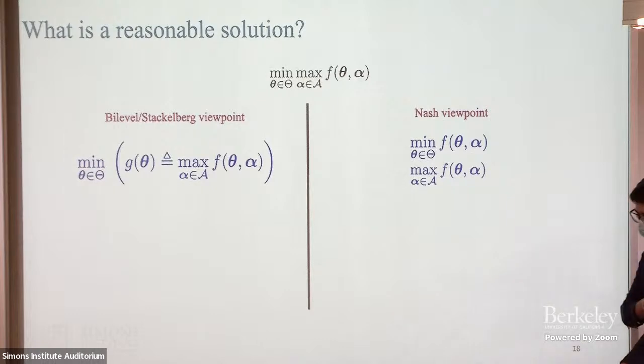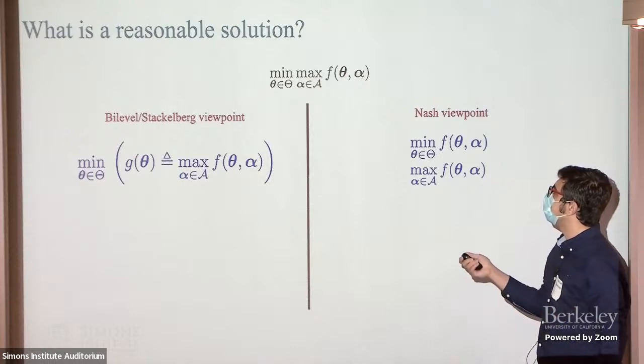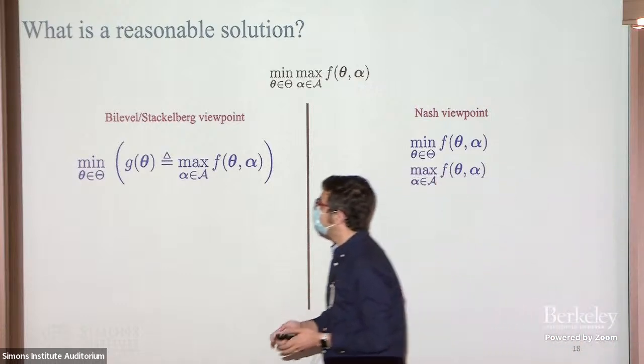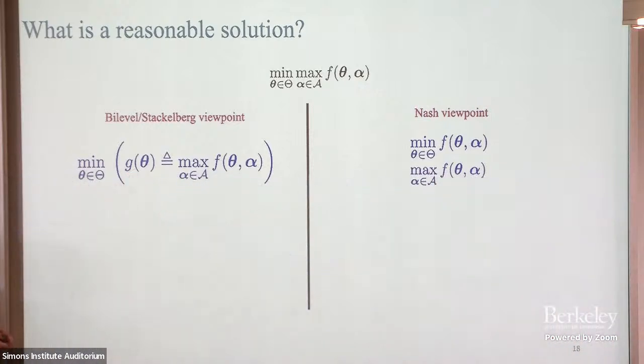Generally, at a high level, we can think of min-max formulations from a bilevel, or Stackelberg, viewpoint: your goal is to minimize G of theta, which is defined as the max over alpha of f of theta and alpha. So your ultimate goal is to work with G. G matters for you. Another way is to look at it as a Nash game.